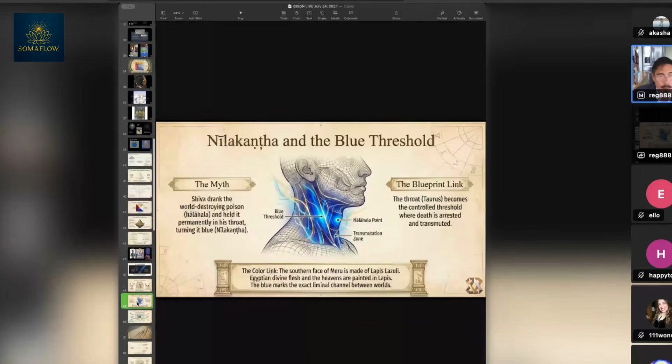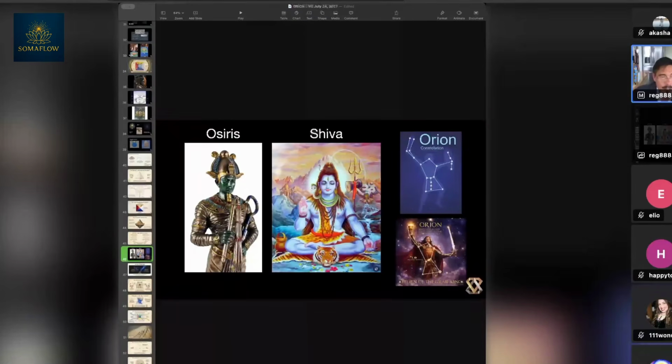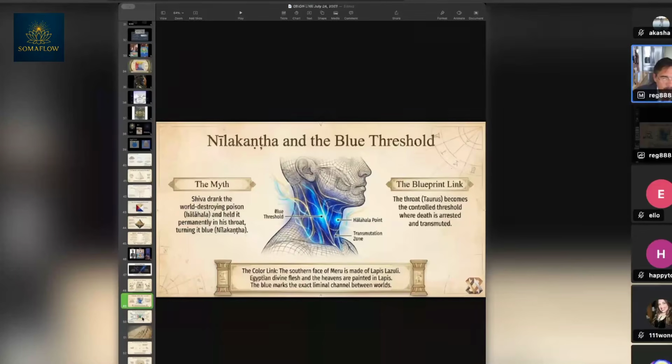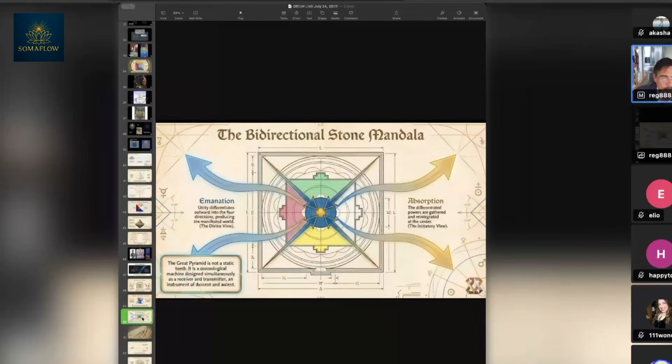So this is what's called the blue threshold. Does this explain why maybe we always have blue references for Shiva and green or blue references for Osiris? Because it's referencing the throat activation. So this becomes a bidirectional stone mandala.